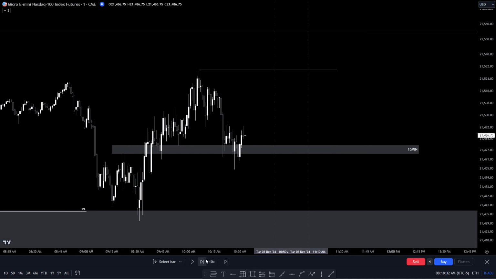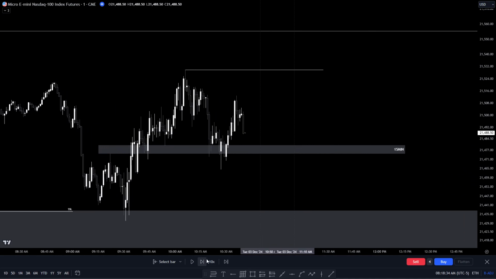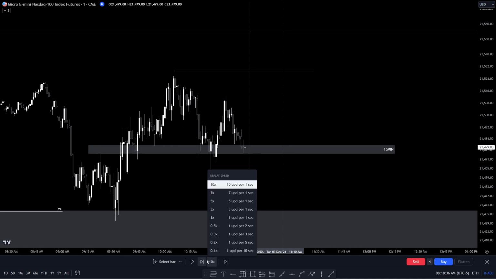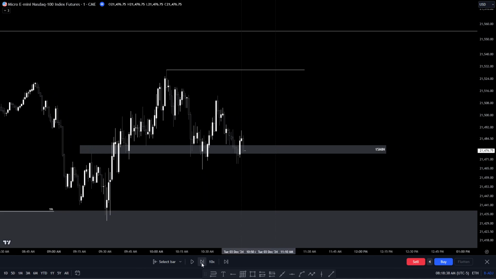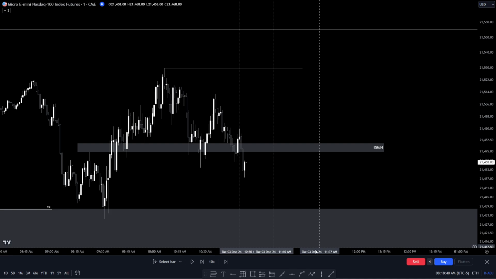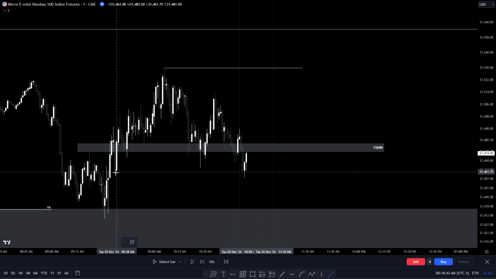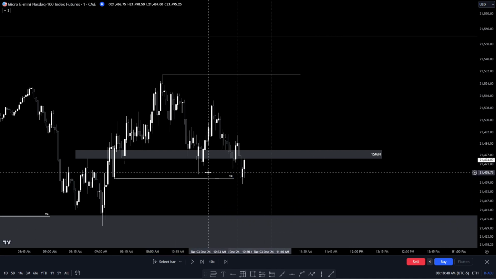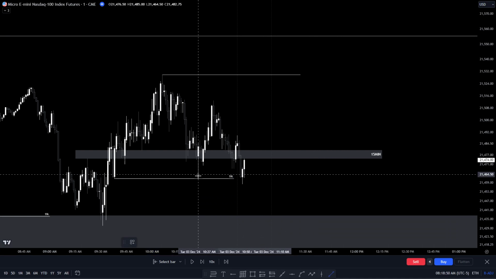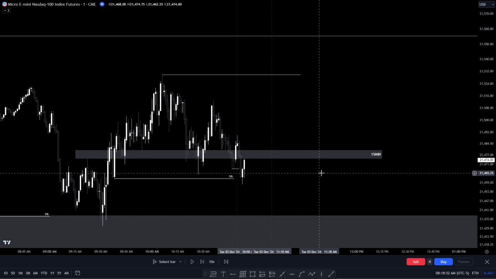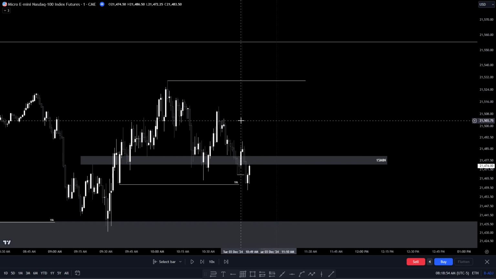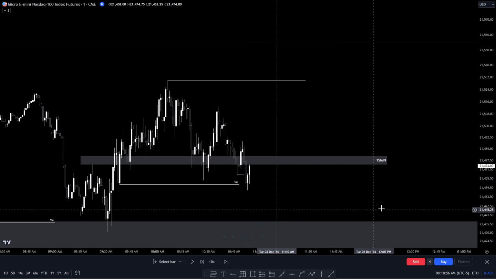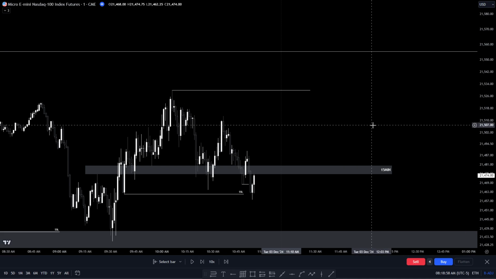So now we wait. Perfect. Sell side swept, internal sell side swept right here. We have just entered the macro, the 1050 to 11.